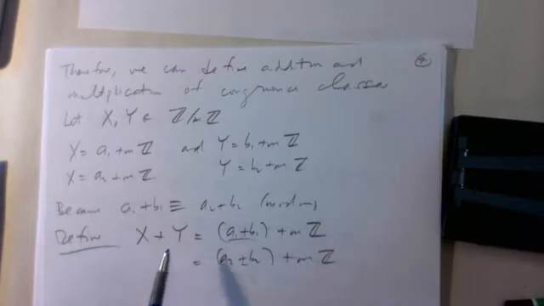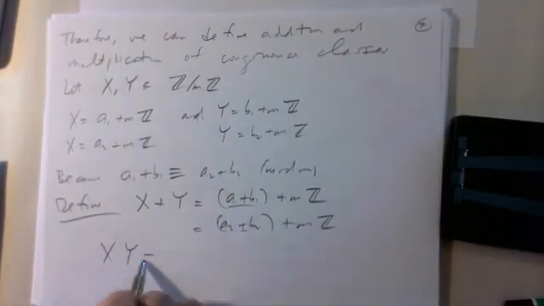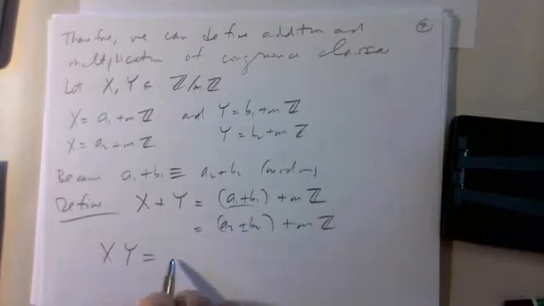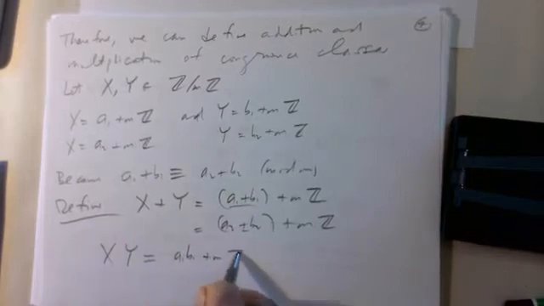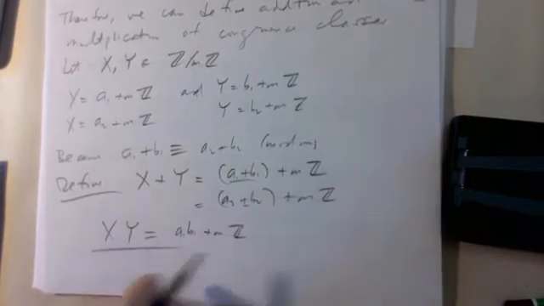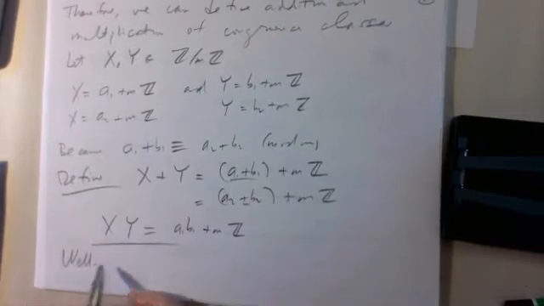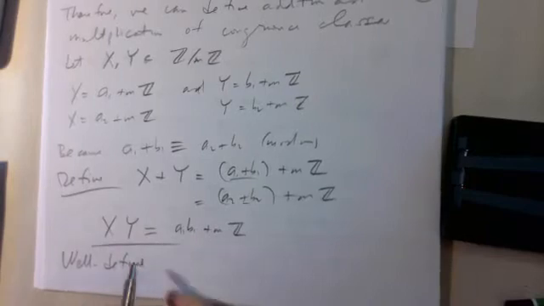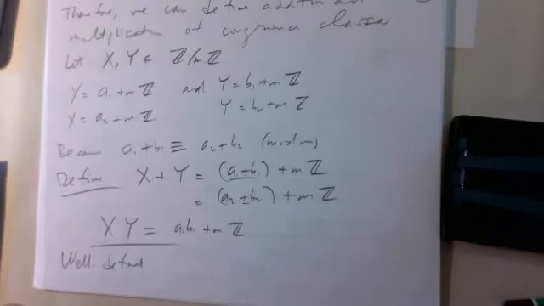So this is a well-defined addition of congruence classes. And we can define the product of two congruence classes, take these representatives, A1 and B1, and just multiply them. So this is well-defined. There's no ambiguity. It does not depend on which representative of the congruence class you pick.